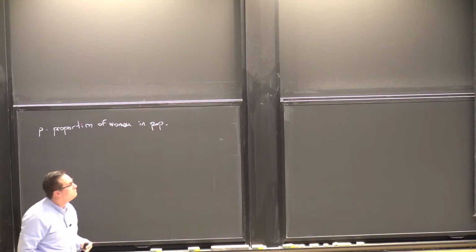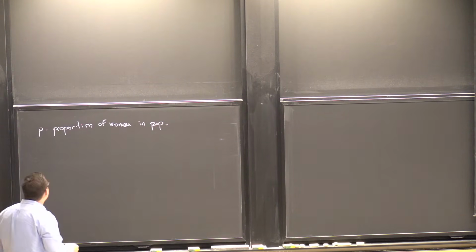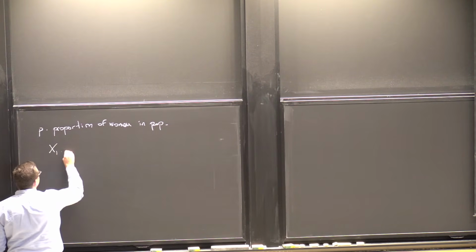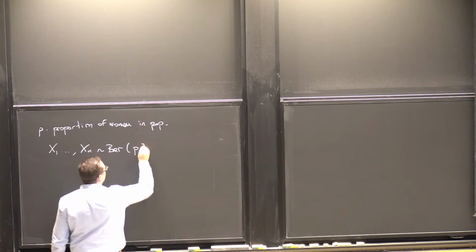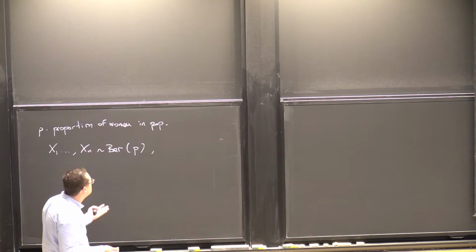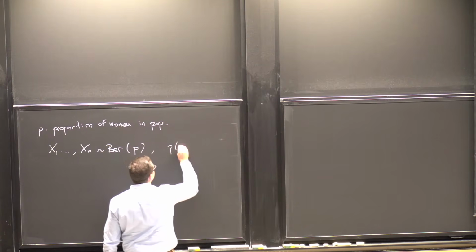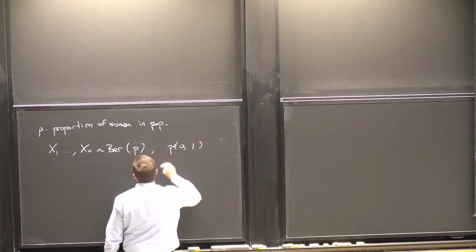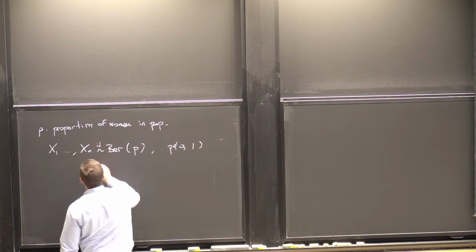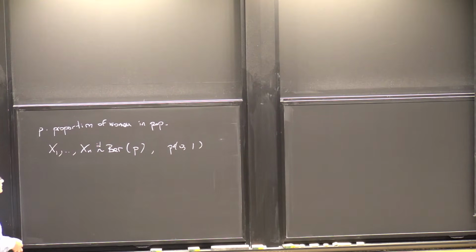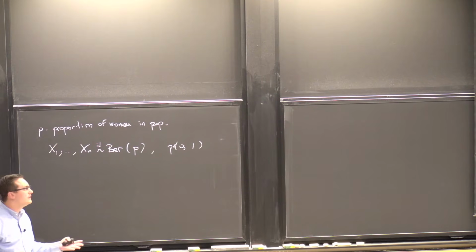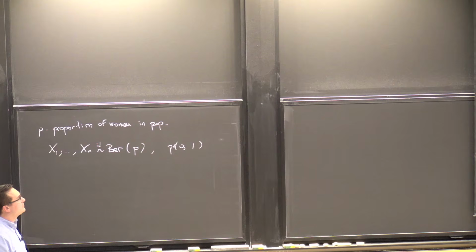What I could do is collect some data, X1 through Xn, and assume that they're Bernoulli with some unknown parameter p, so p is in [0, 1]. Let's assume that they're i.i.d. This is just an indicator for each collected data point: whether the person I randomly sample is a woman, I get a 1, and if it's a man, I get a 0.